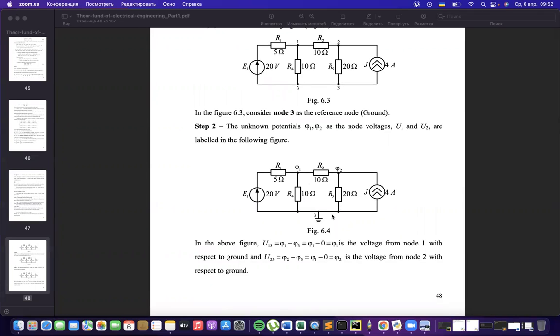We are assuming that some point equals 0. And starting from this 0 point, we are searching for the other two, point number 1 and point number 2. Our final goal is to find the potentials first and second. After we find them, we could find all currents in this system.